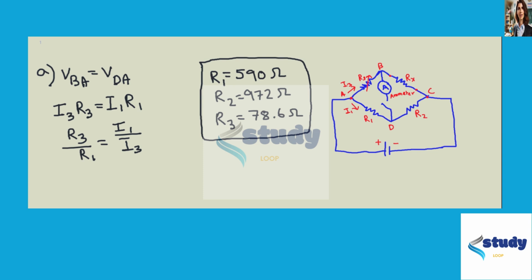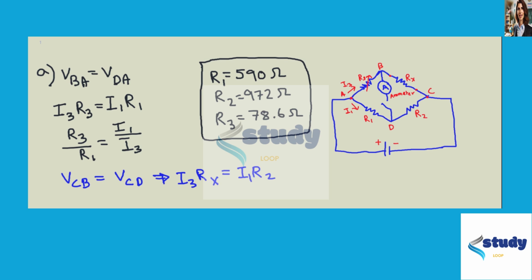Similarly, VCB, so let's use a different color there, should be equal to VCD, and from there again we use our Ohm's law, and we'll have I3 Rx, which is equal to I1 R2.